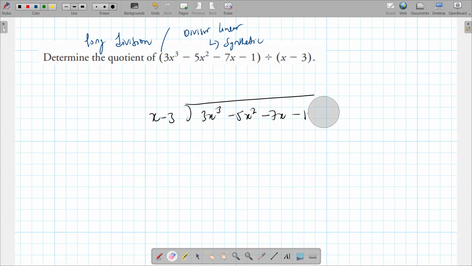Do you remember how to do this? What goes on top? So you're asking yourself, you have an x, you want to multiply this with something such that you get 3x cubed. What is this something?